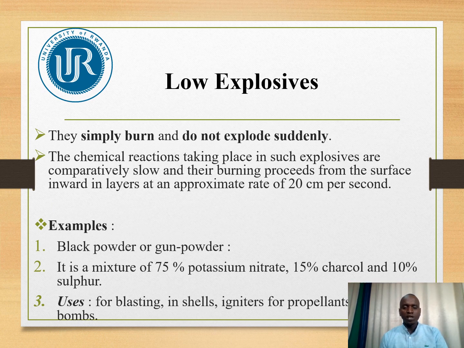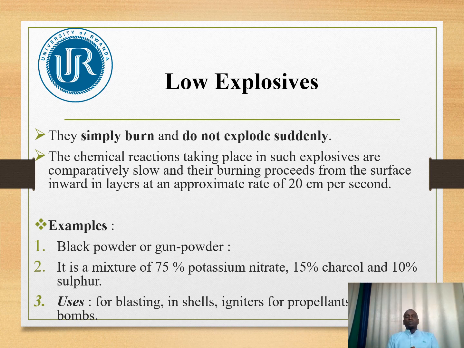So low explosives simply burn and don't explode suddenly. The chemical reactions taking place in such explosives are comparatively slow, and their burning proceeds from the surface inward in layers at an approximate rate of 20 centimeters per second.